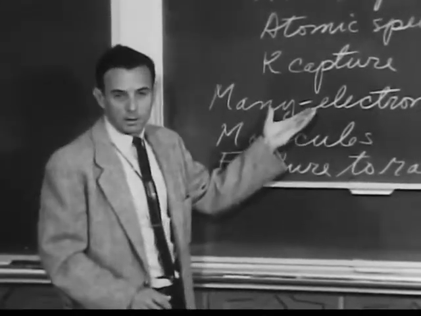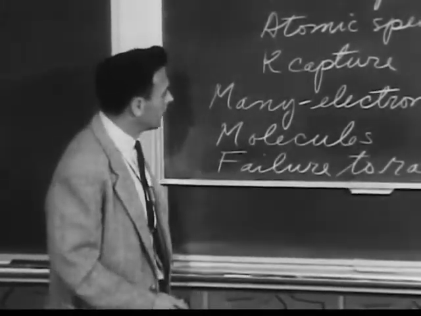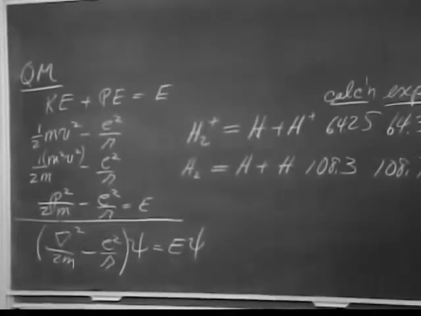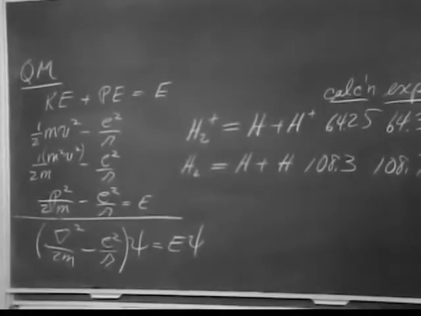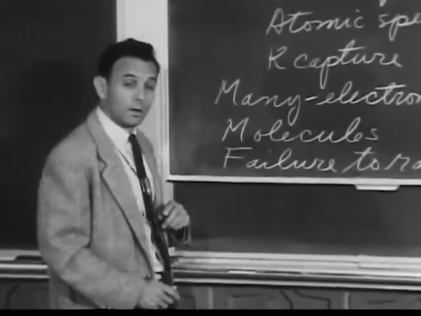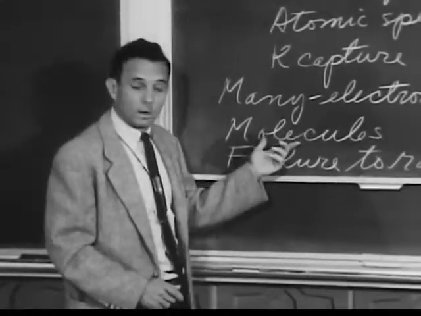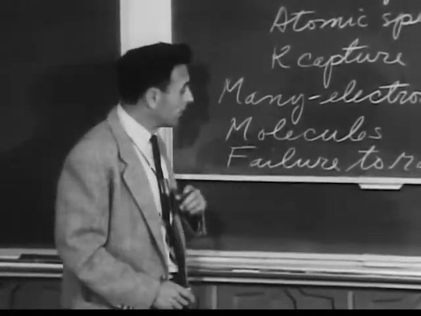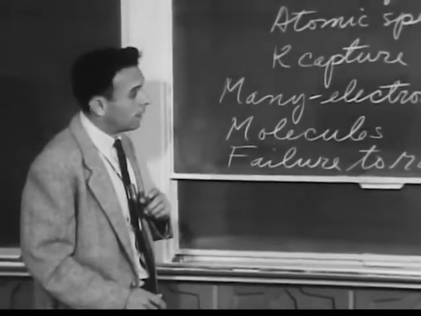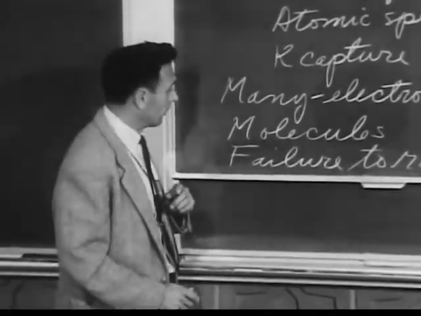It permits us to calculate the energy levels and properties of many electron atoms. We can calculate for molecules such properties as the bond length, the bond energy, the vibrational frequency, the dipole moment. So, in effect, all of the important properties of molecules can be calculated, provided the mathematics is tractable.